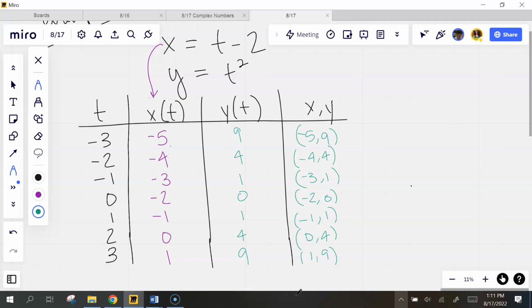I want you to plot these and see what it looks like. So just do a quick little graph. See what it looks like when you graph one. It's like a backward check mark. A backwards check mark. So when you graph it, you do the list.